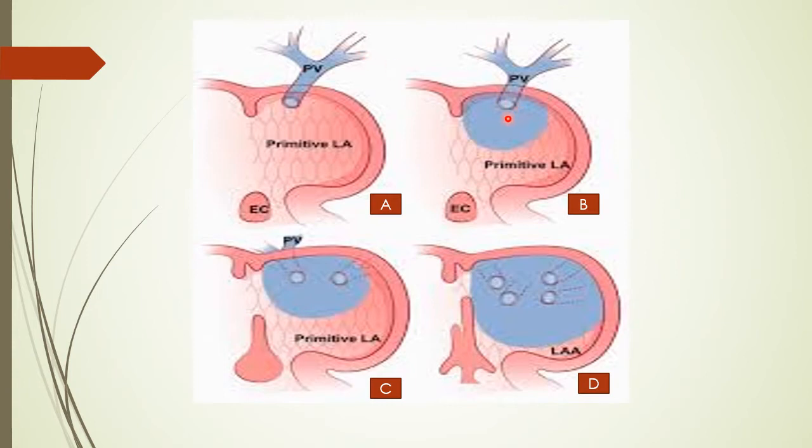Then absorption starts. As you can see, blue color shows the absorbed pulmonary veins. The stem of the pulmonary vein is being absorbed, and when the whole of the stem of the original pulmonary vein has been absorbed, then two veins are seen to be opening into the posterior wall of the left atrium.